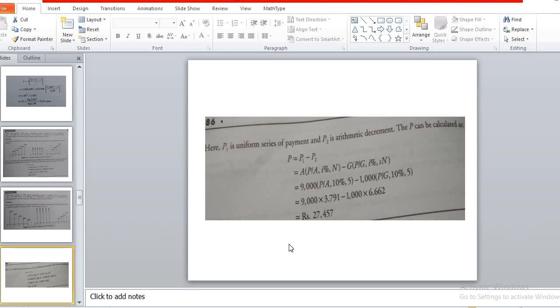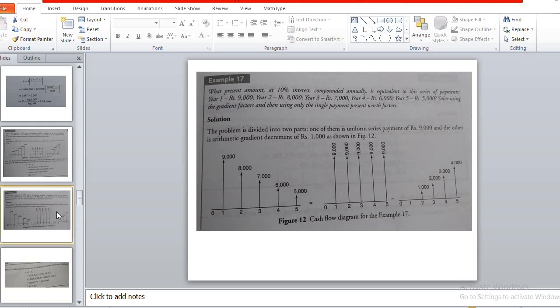Similar to the arithmetic gradient, another gradient is the geometrical gradient. We will go through it. If you look at this gradient, it represents a linear change.